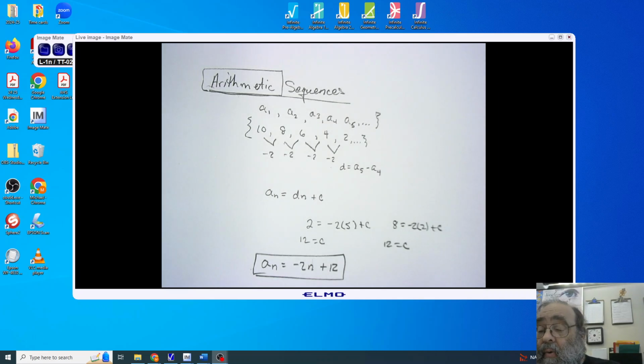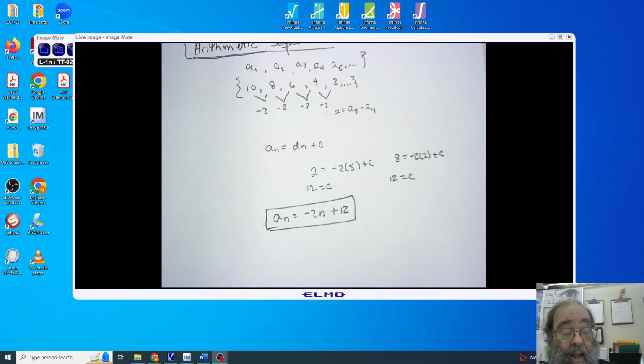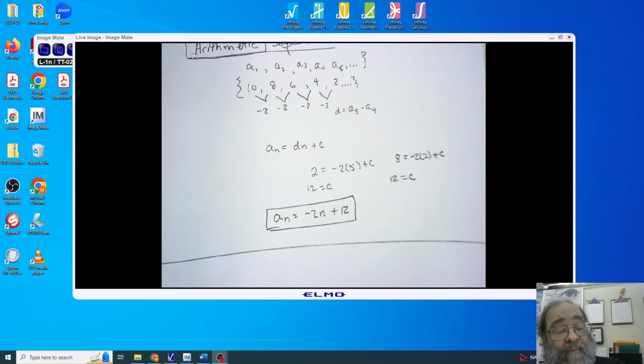Now, there are times when we are going to be given information and are being asked to figure out what is the rule and what are the intermediate values in between what is given. So for example, if I were to say you have a sub 6 is negative 38 and you have a sub 11 is negative 73, stop and think about what's actually happening.